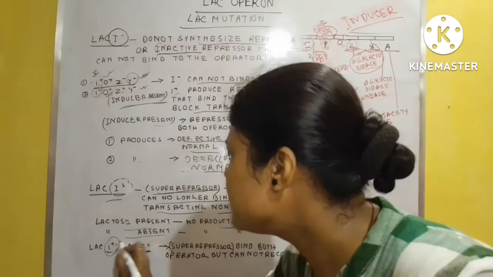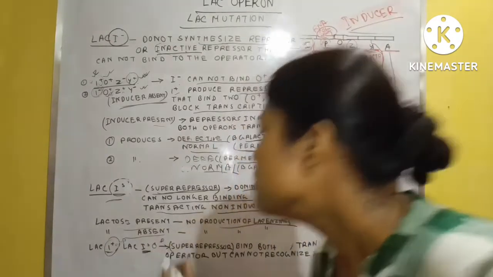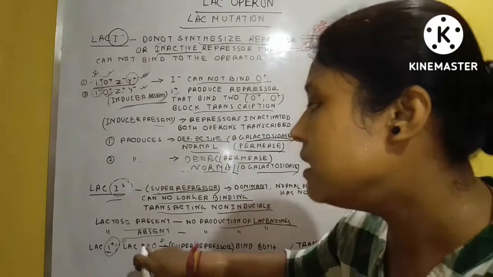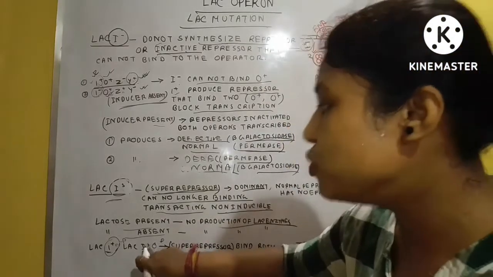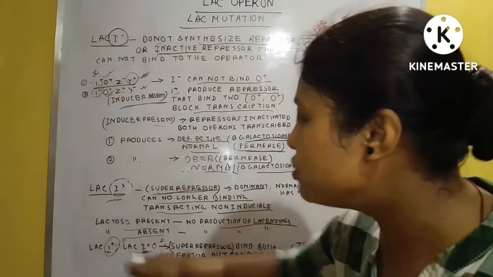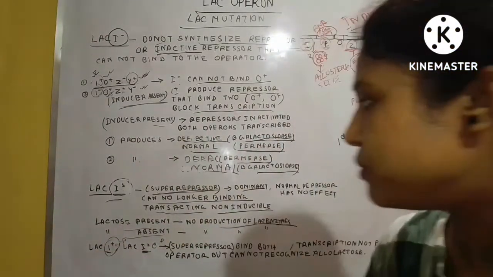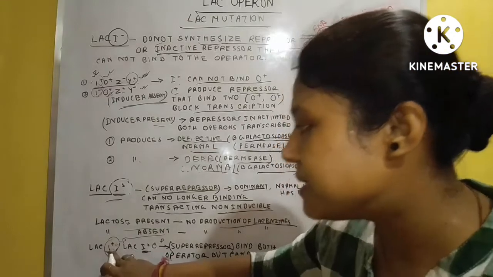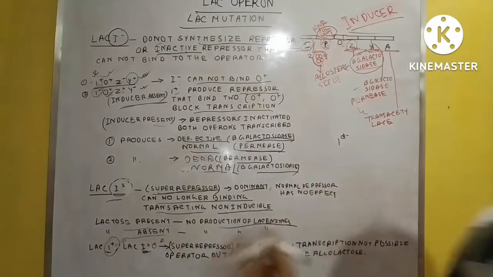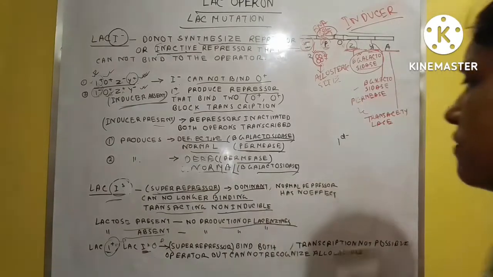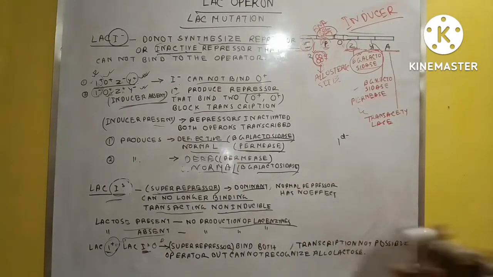Suppose there is O plus, obviously there is O plus. So it can bind both operator sites, that means the regulator protein, the super repressor, binds to both operator sites, and there is no need of the normal repressor protein that is produced from the I plus in the media. So here the actual transcription is not possible, and obviously the translation is not possible.